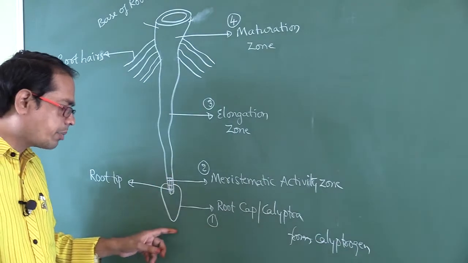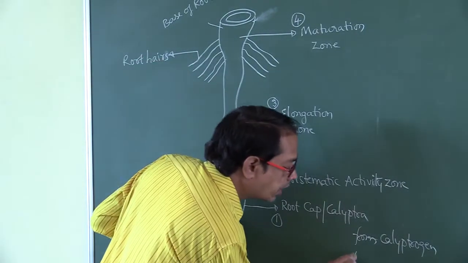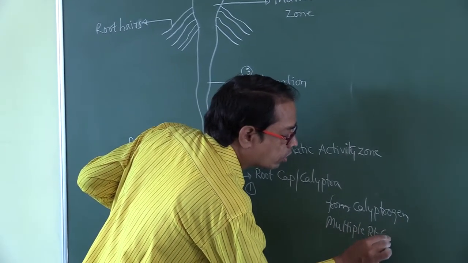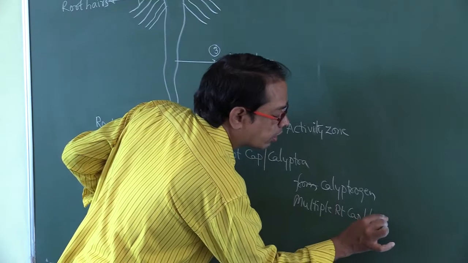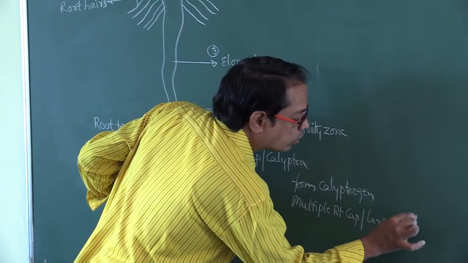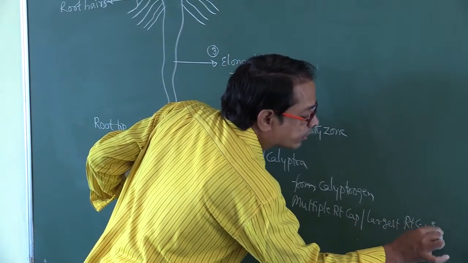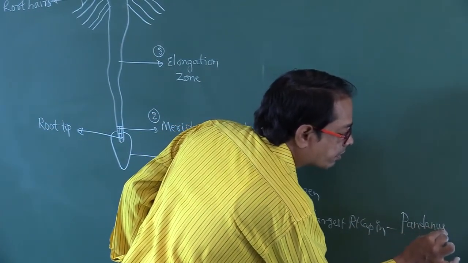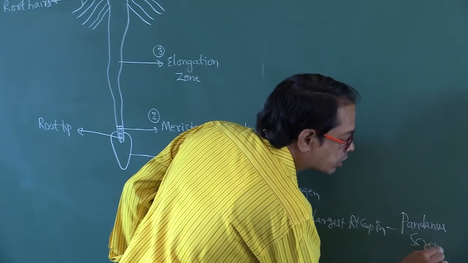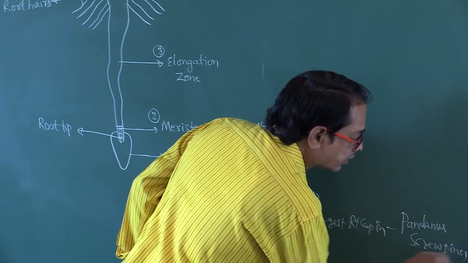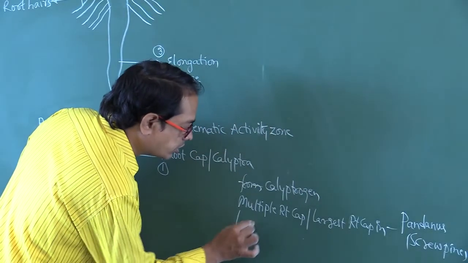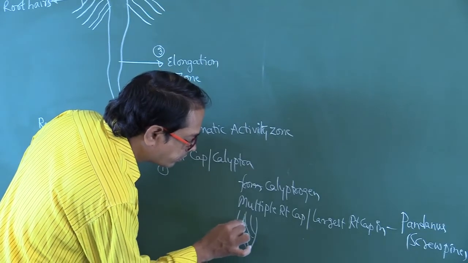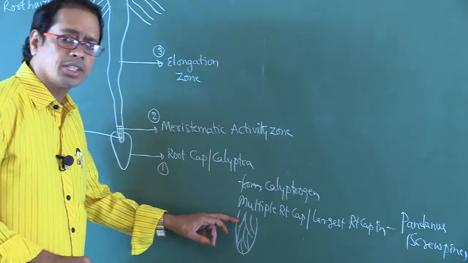Generally, a single root cap is present, but multiple root cap or largest root cap is found in Pandanus. Pandanus is commonly called screw pine. Let us suppose this is the root cap; multiple sheaths are there.